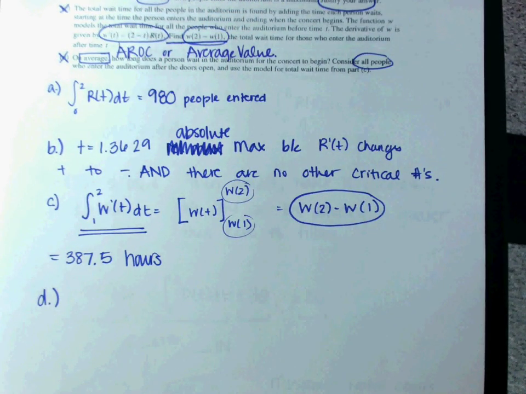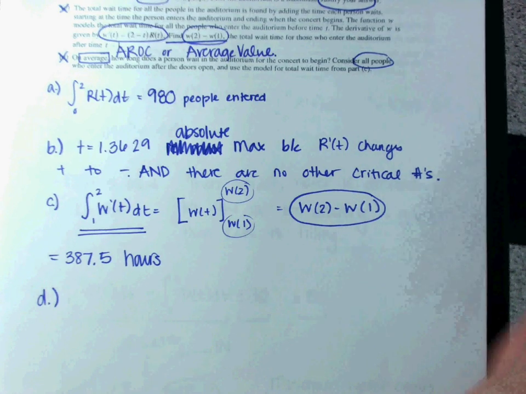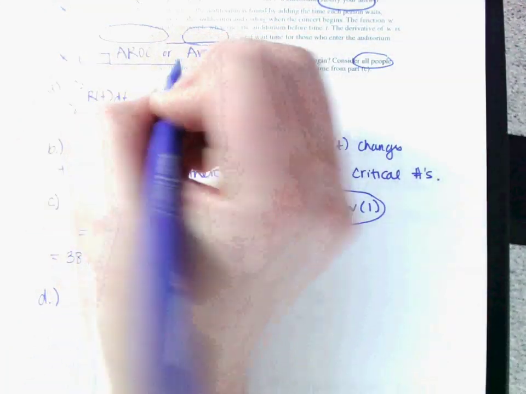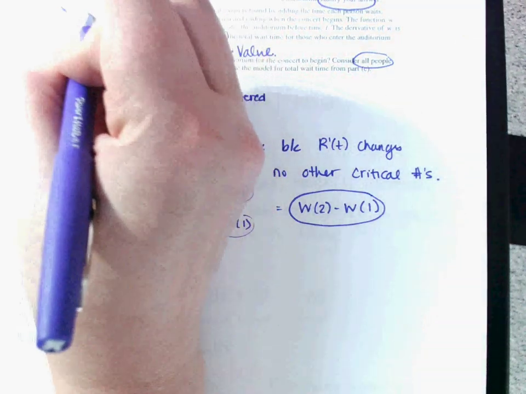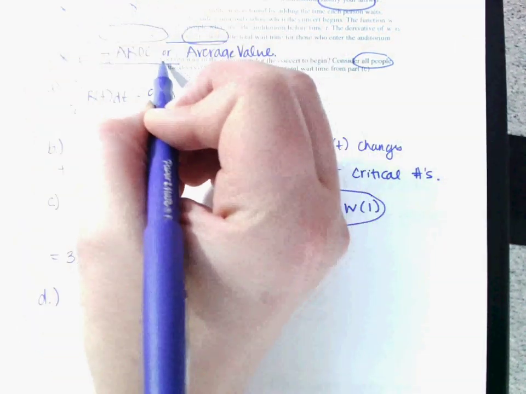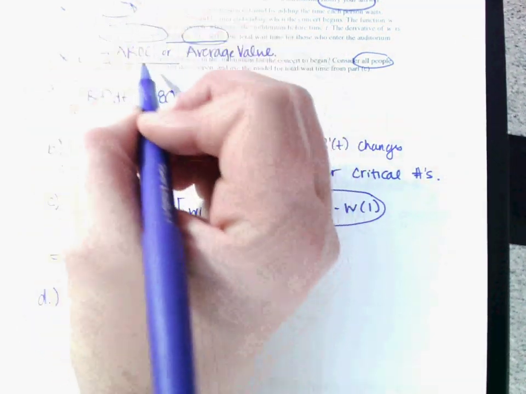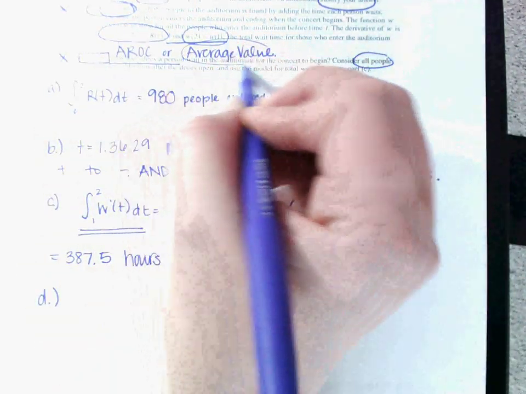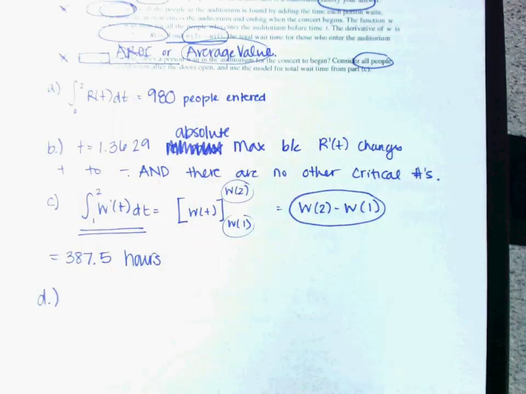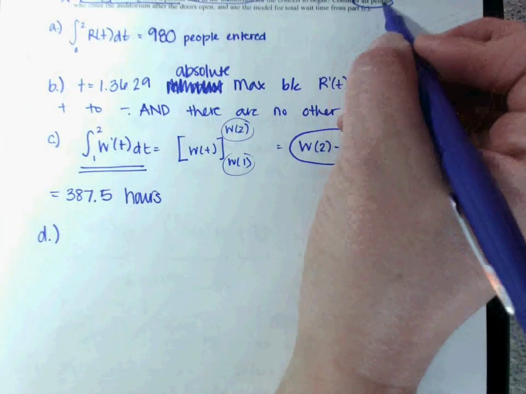Average rate of change is a slope. If they want to know how long someone has to wait, that's going to be the total wait time. That's a value. This is a wait time. I want an average wait time. So this is going to be average value, not average rate of change. So keep in mind that it says consider all the people.